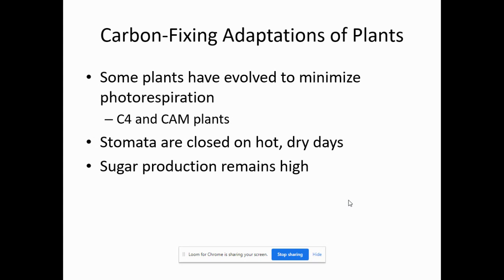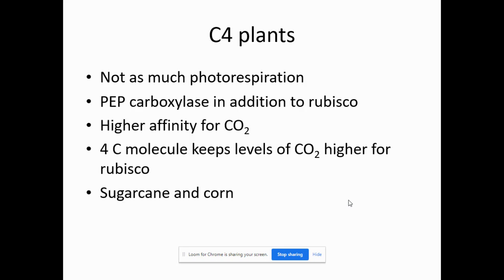These C4 and CAM plants will still close their stomata on hot, dry days. But even though their stomata are closed on those hot, dry days, the sugar production remains high, and that is because of their adaptations. C4 plants don't have as much photorespiration because they produce an additional enzyme.